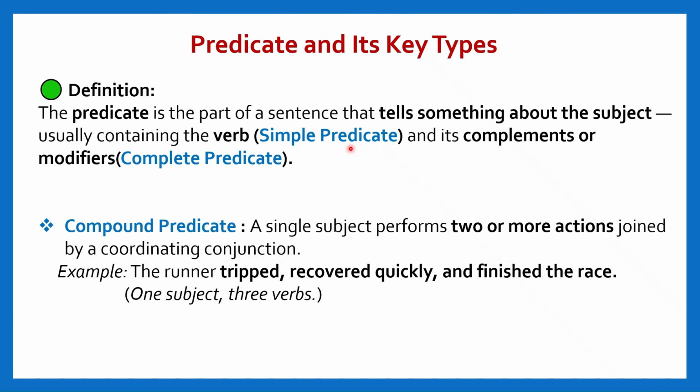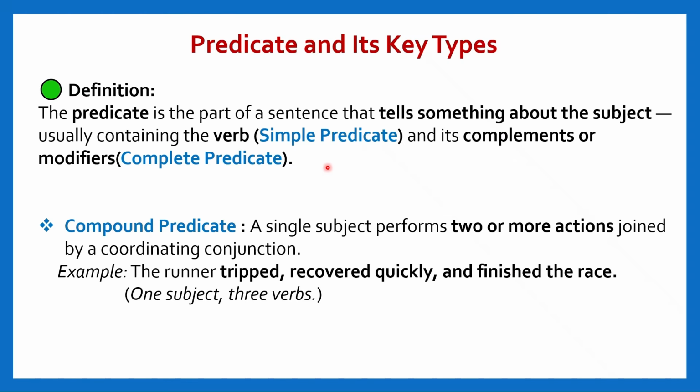But a complete predicate includes not just the verb, but everything that tells more about the verb. That means the verb, its complements, and also the modifiers. For example, say another sentence: the girl laughed loudly at the joke. Here, laughed loudly at the joke is the complete predicate because it gives full information about what the girl did and how she did it.